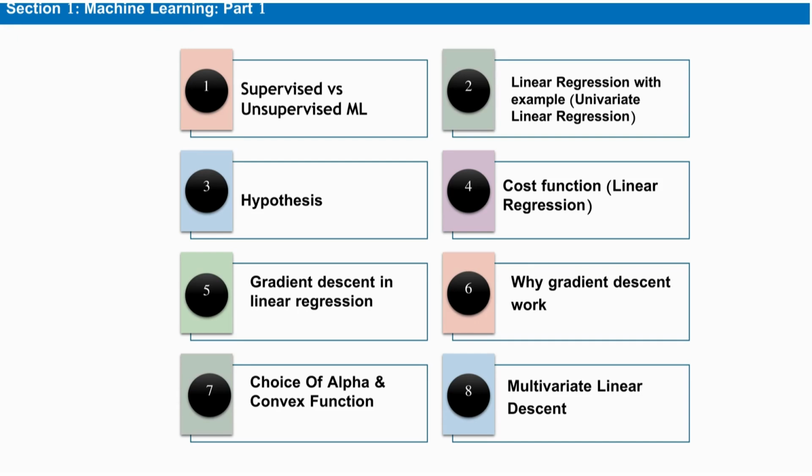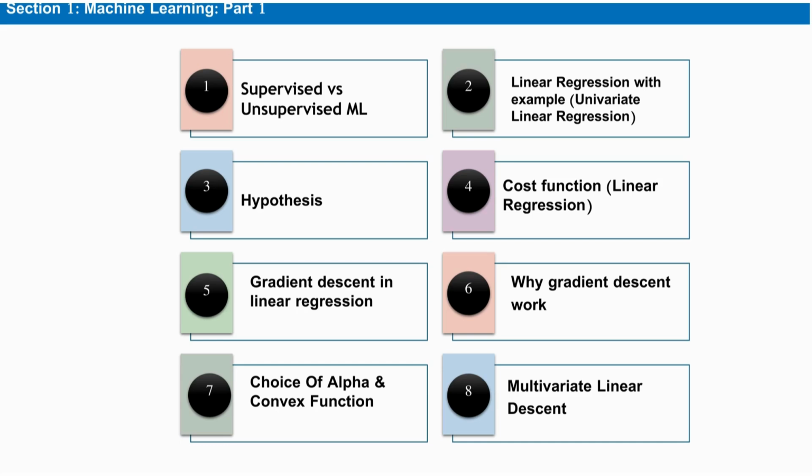In part 1 I will try to complete these topics. First is what is supervised versus unsupervised machine learning. Then linear regression with an example, like what is univariate linear regression.